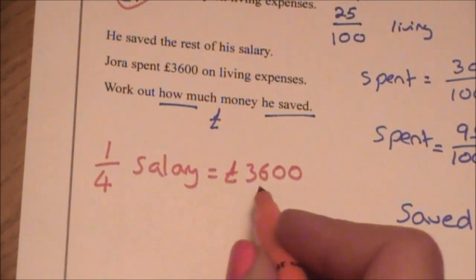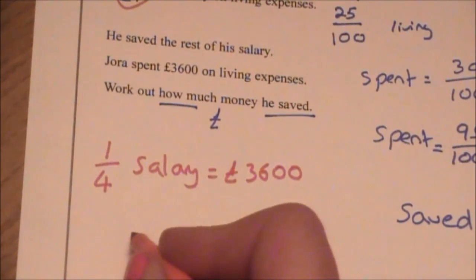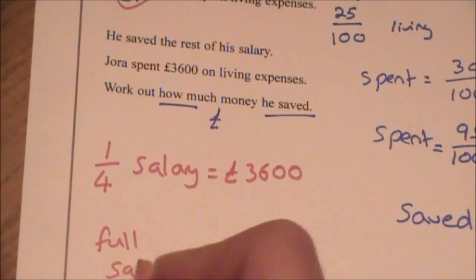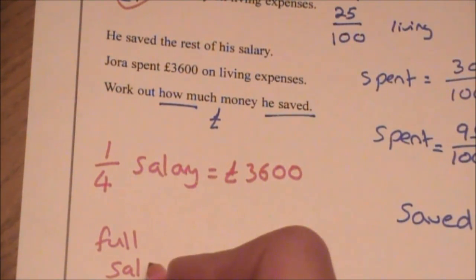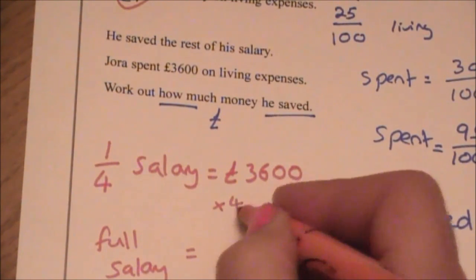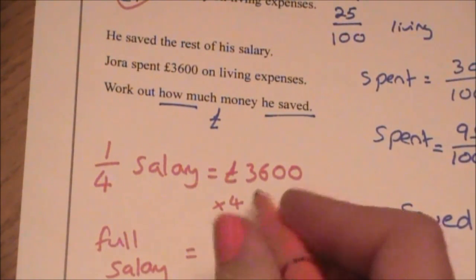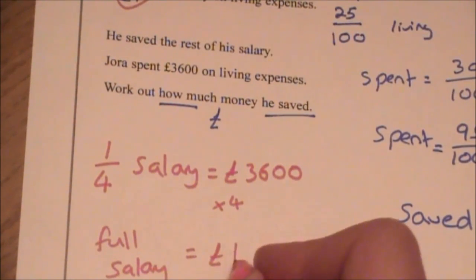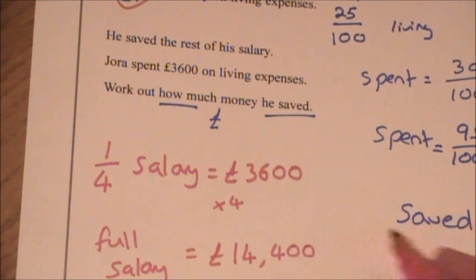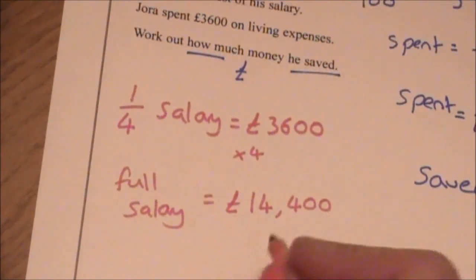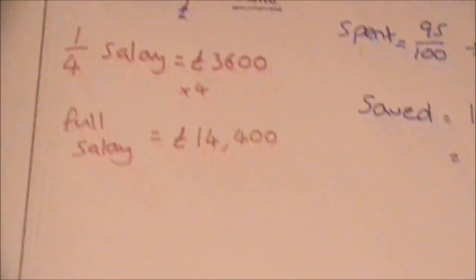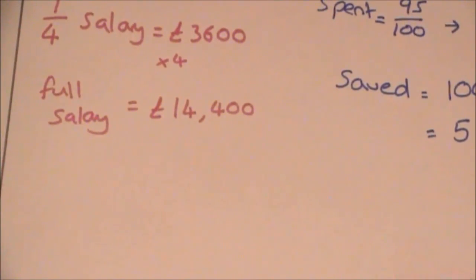If we know that £3,600 is 1/4 of his salary, then I know that to get his full salary, I need to multiply that by 4. So 3,600 times by 4 is going to give me £14,400. So that's how much he gets paid, £14,400.